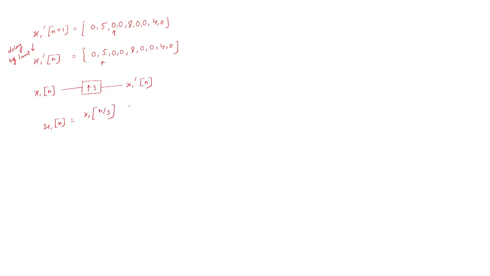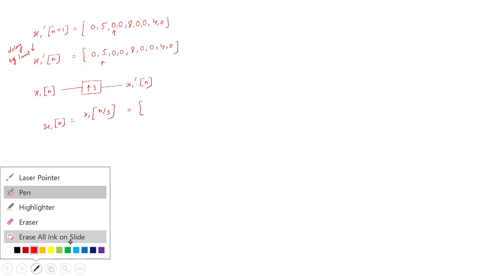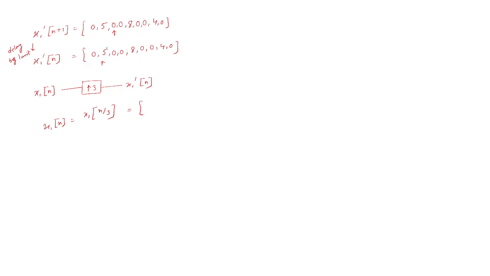So you are going to keep the samples whose indices are multiples of 3 and discard the rest of them. So let us see which ones are the lucky samples. 0 is always going to be there, multiple of 3. 5 is going to be there.